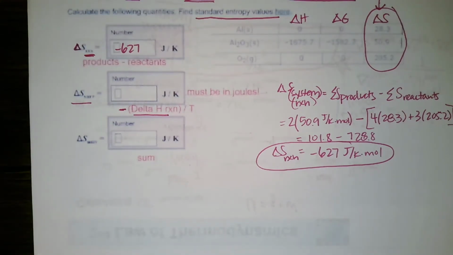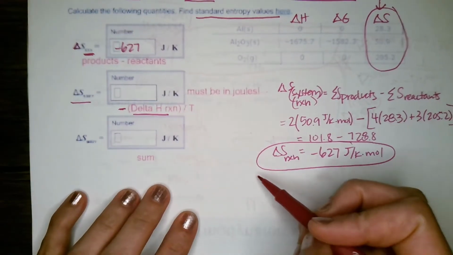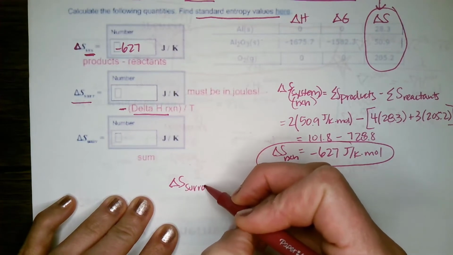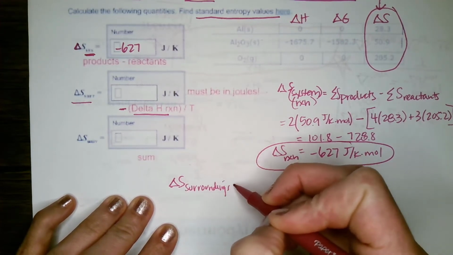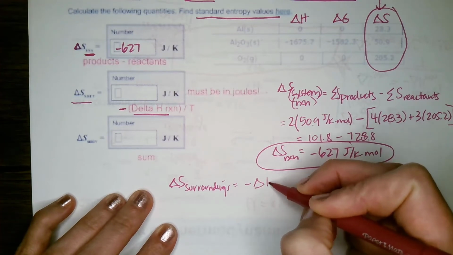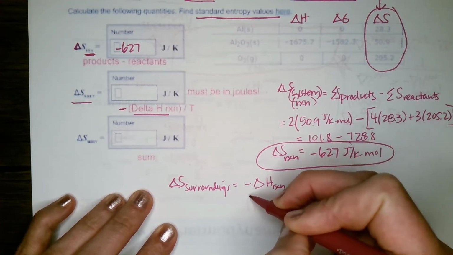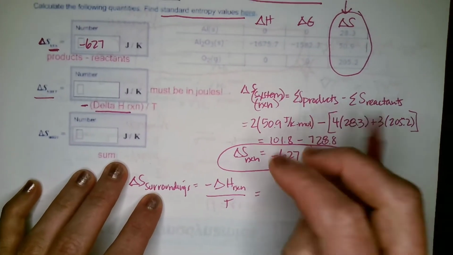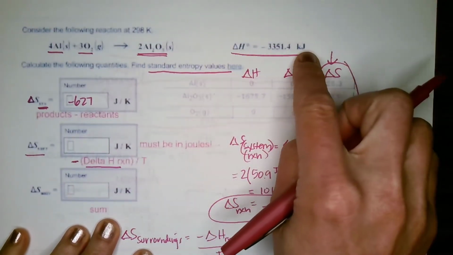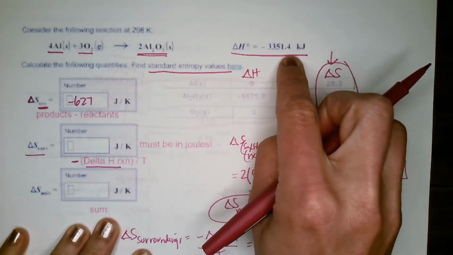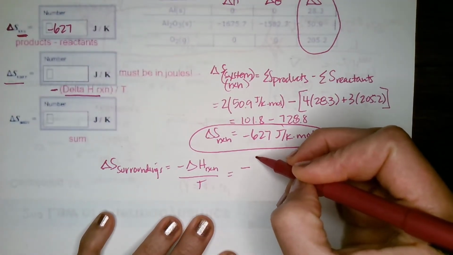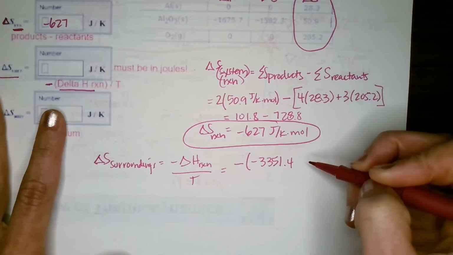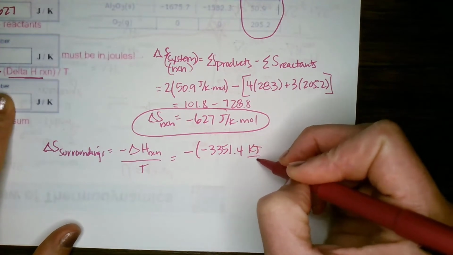So to do this, let's set this up, delta S for our surroundings equal to the opposite of delta H for the reaction over temp. So to set this up, we are going to just look right up here where we're given our delta H for the reaction, negative 3351.4. So we have to do the opposite of negative 3351.4. Now this is in kilojoules per mole.